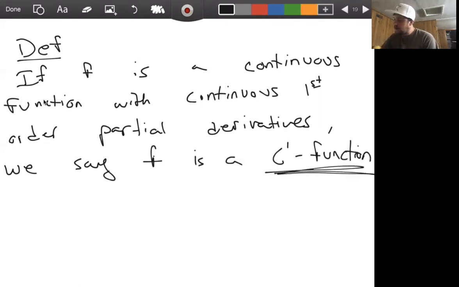And this 1 indicates at what order partial derivatives are still continuous, right? So this is first order partial derivatives are continuous. And so we can kind of make a list here.